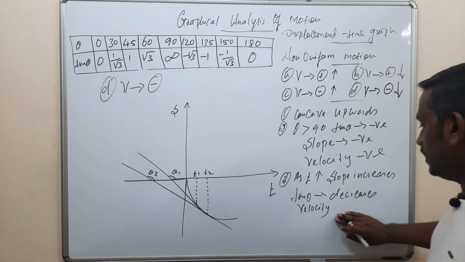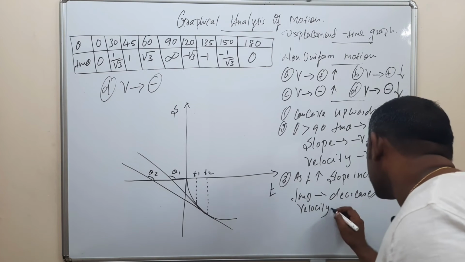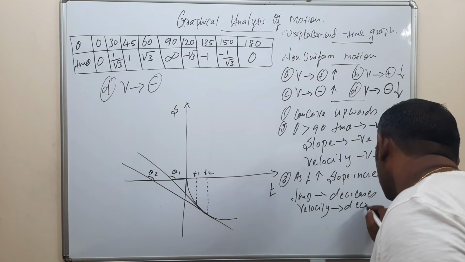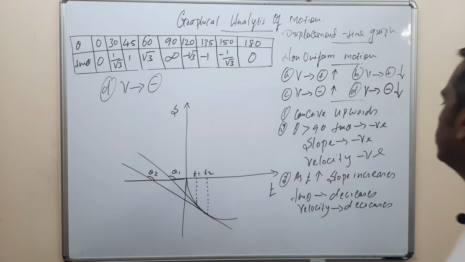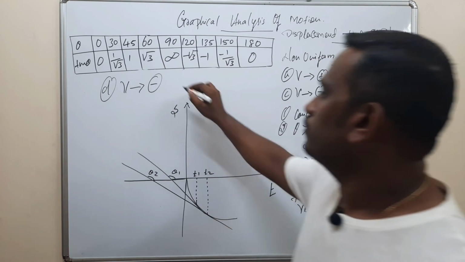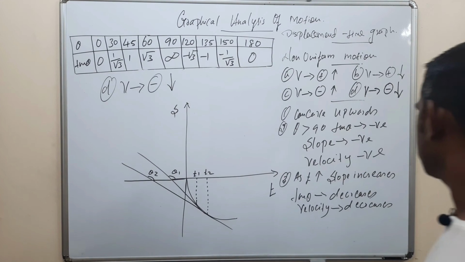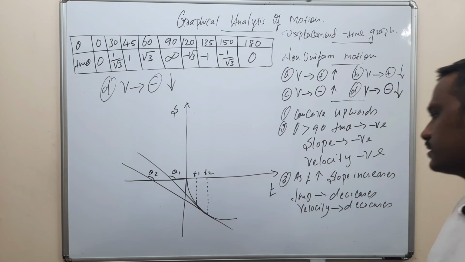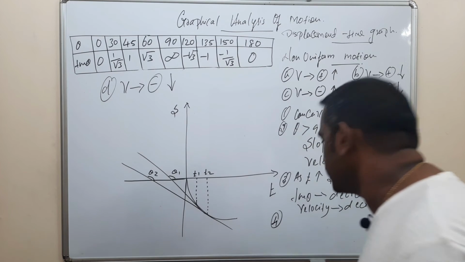Tan theta decreases, velocity decreases. So negative decreasing. So what about the acceleration here?